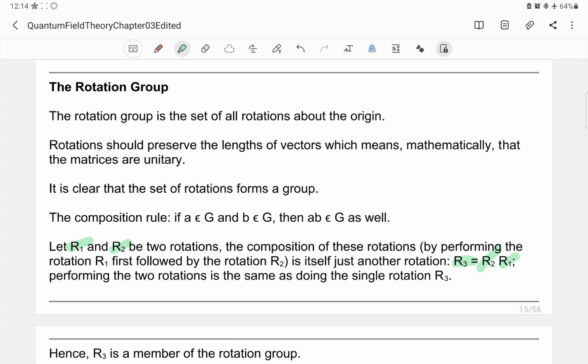This could be done by just one single rotation R3. So as the composition rule says, if A is an element of G and B is an element of G, then AB is also an element of G. Hence R here is a member of the rotation group.